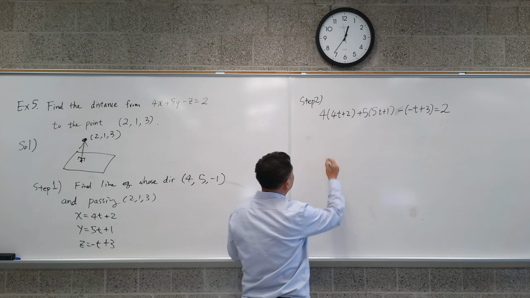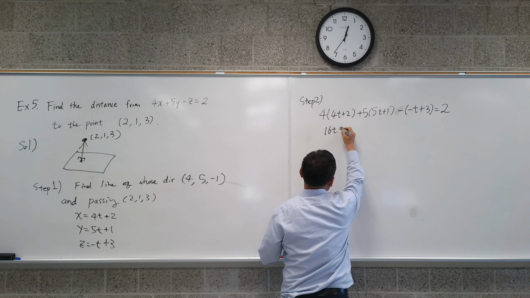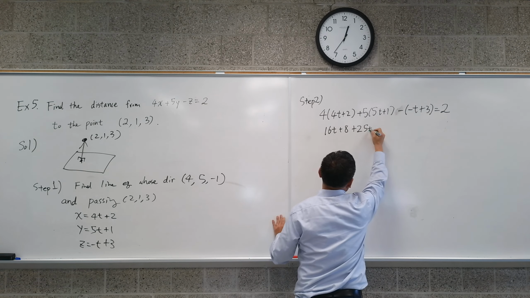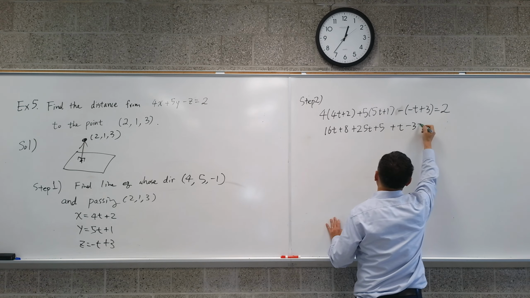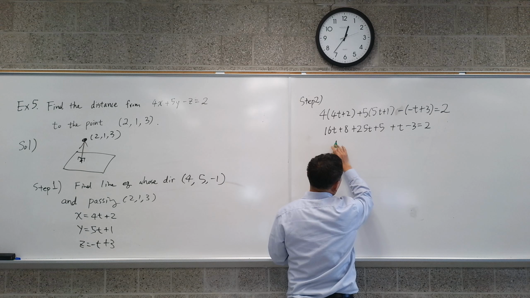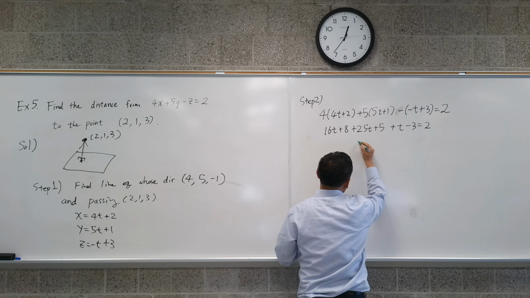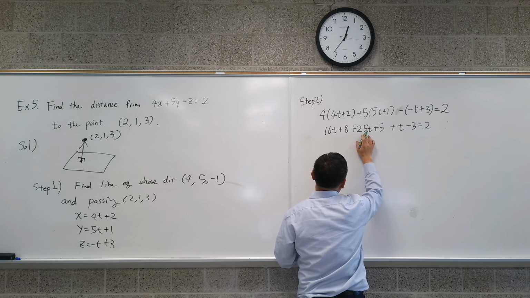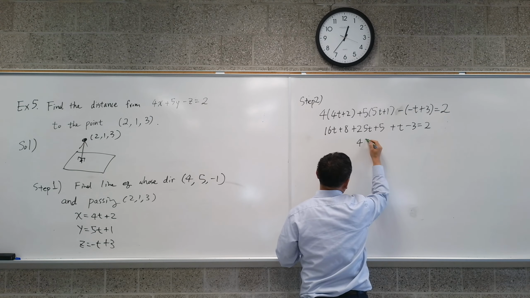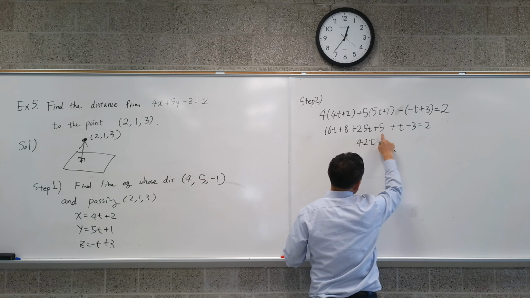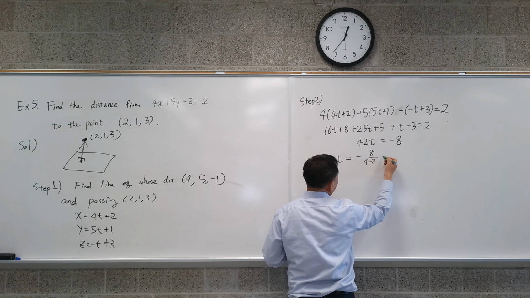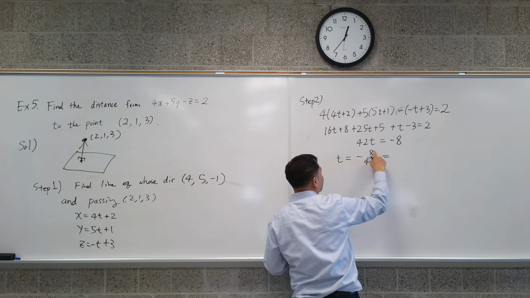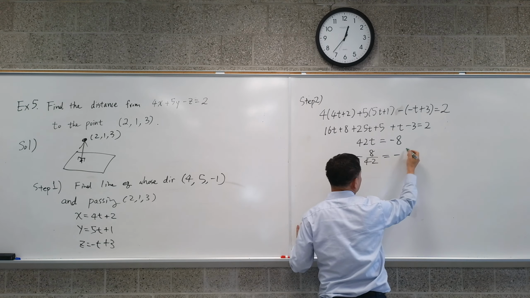And then that's going to give us 16t plus 8, plus 25t plus 5, plus t minus 3 equals 2. That's messy. I was afraid of that. Okay, so it's going to be 16 plus 25 plus 1, 42t, and that's going to be negative 8. So t is going to be negative 8 over 42. And if you divide top and bottom by 2, you get negative 4 over 21.